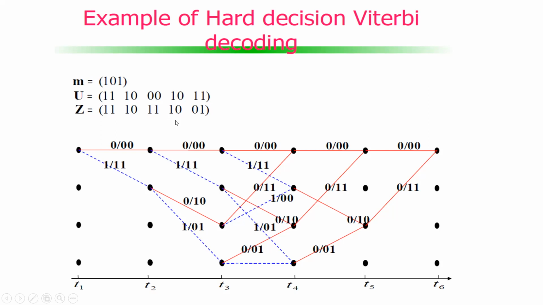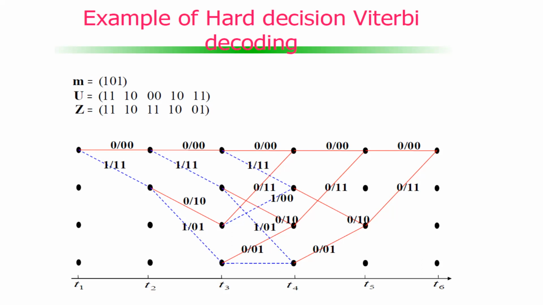So how many combinations of 10 bits are possible? The number of possible combinations of 10 bits is 2 raised to the power 10. I have to compare this received code word with every possible code word. I need to compare how? I need to match ones and zeros at different bit positions, which I call the distance between the two.